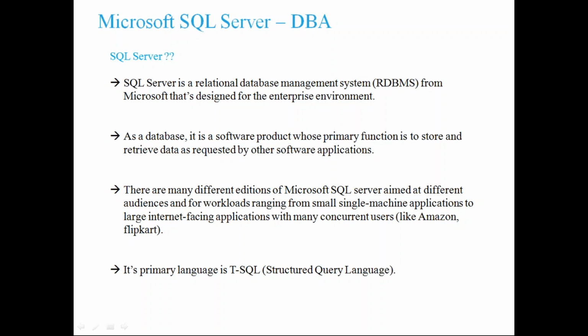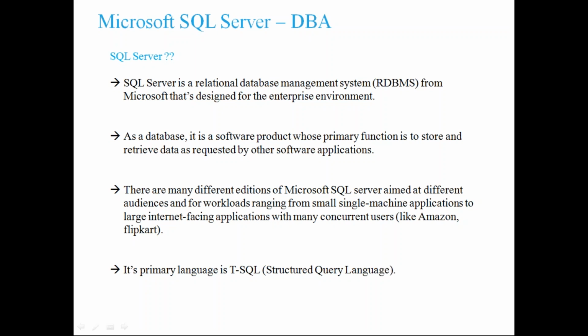Maybe I'm an individual and I would like to open a small company. In that case, I can't afford to buy a license like a multi-million or multinational company. I can't afford to pay that much to get a license. So considering this, Microsoft has different editions for different types of scenarios.